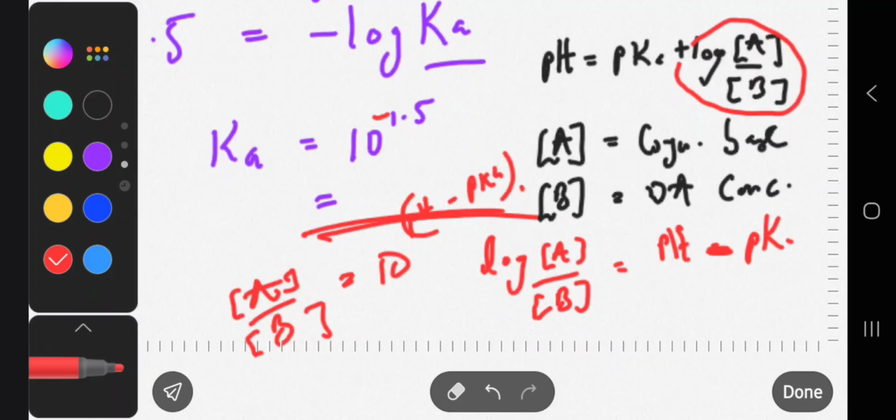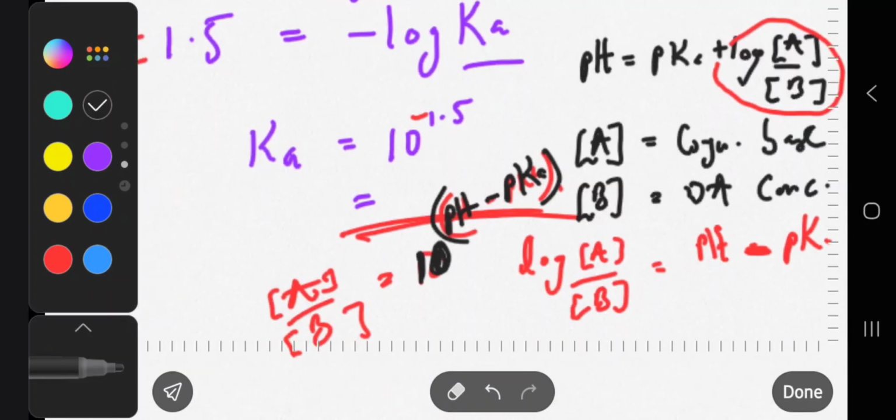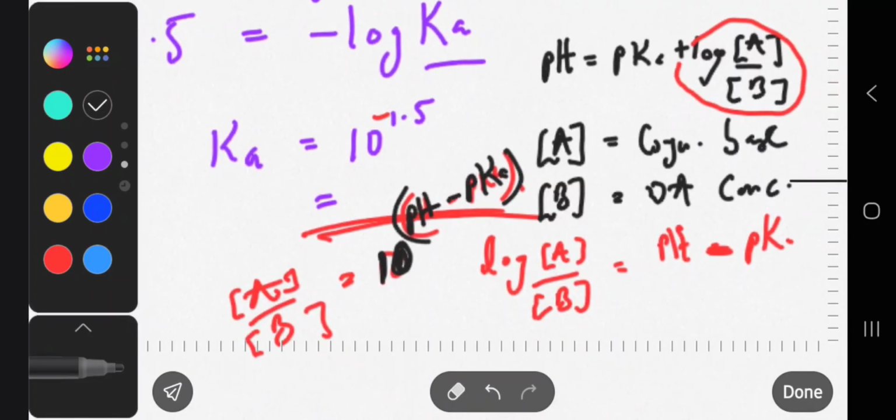Sorry, this is basically pH minus pKa. All right, 10 raised to power that. It shows that the pH of a solution can be related to the concentration of the acid, that's the weak acid, and its conjugate base, and to the dissociation constant, right?